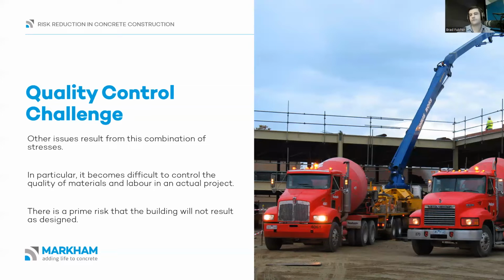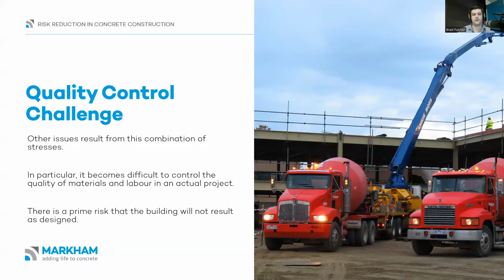So this does result in some quality control challenges, unfortunately. For instance, if we have a shortage of a particular material, this can be substituted out for a different material, but it doesn't always mean you'll get the same result at the end. While we can't do a lot about these things, the building has to move forward, and we have to do what we can to keep this moving.